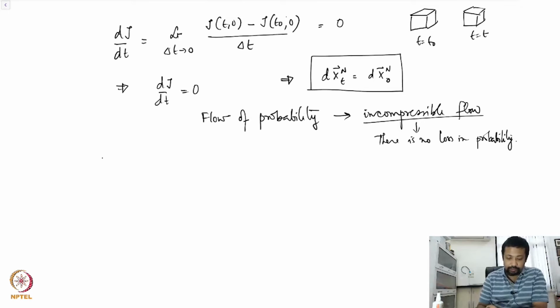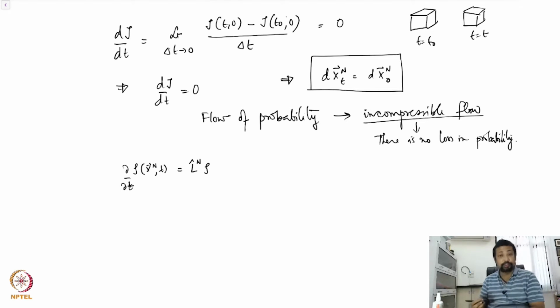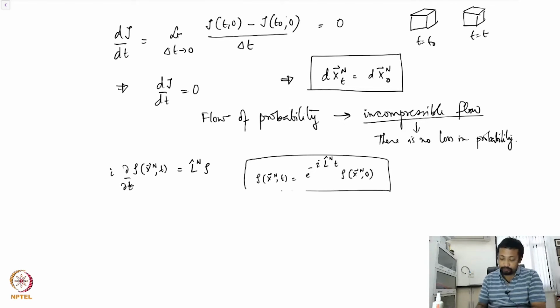So we looked at the n particle probability density, and we said that the dynamical equation for the evolution of this obeys the Liouville equation of motion. The solution to this equation is, there has to be an I here, e to the power I L hat n times t rho xn of 0, right?